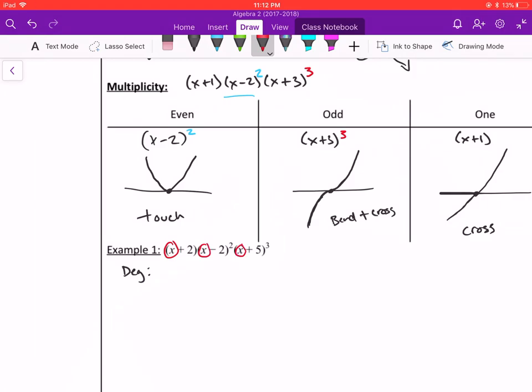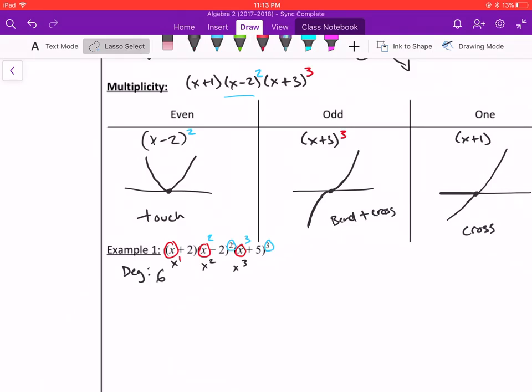But notice here, it's being multiplied by 2, so this is squared. Here it's being multiplied to the 3rd power, so it's cubed. So your leading terms are x, x squared, and x cubed. If you multiply all those together, you're just looking at all the exponents. You've got 1, 2, and 3. So 1 plus 2 plus 3 is 6.